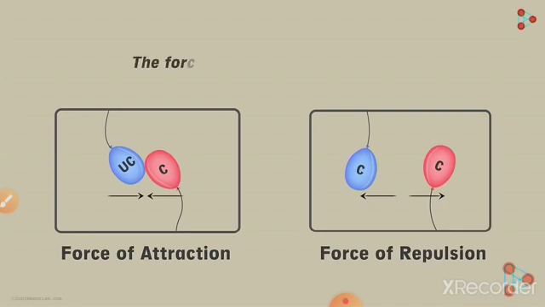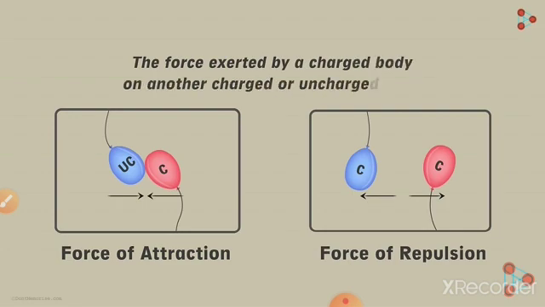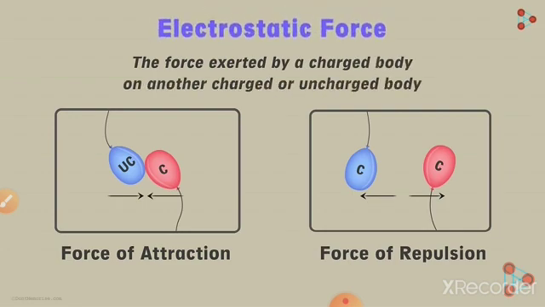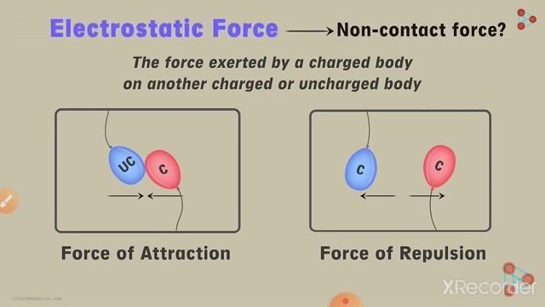So the force of attraction and the force of repulsion exerted by a charged body on another charged or uncharged body is known as electrostatic force. This electrostatic force is a non-contact force because the two bodies come closer to each other without any physical contact. Some charges are produced, that's why they come closer to each other or repel each other.